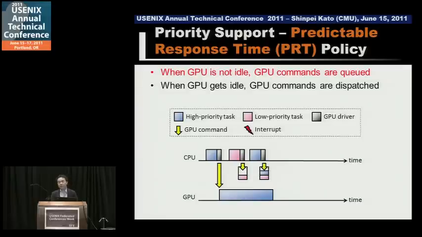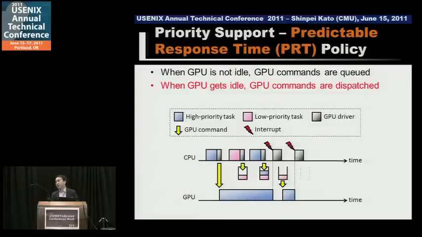And at some later point in time, when the current context finishes, the GPU is configured to generate an interrupt to the CPU, and the TimeGraph scheduler is invoked to dispatch the next GPU command according to the corresponding tasks' priorities.